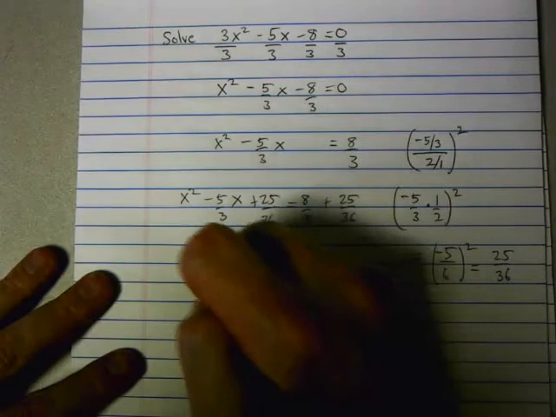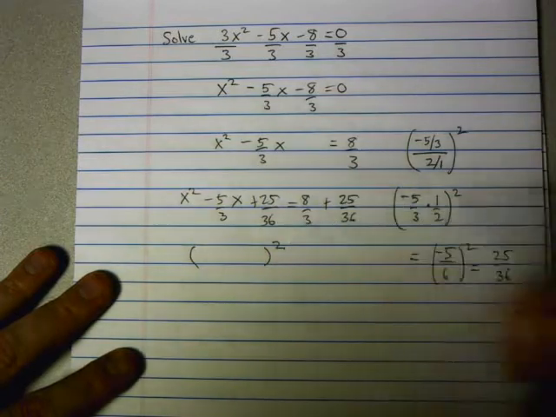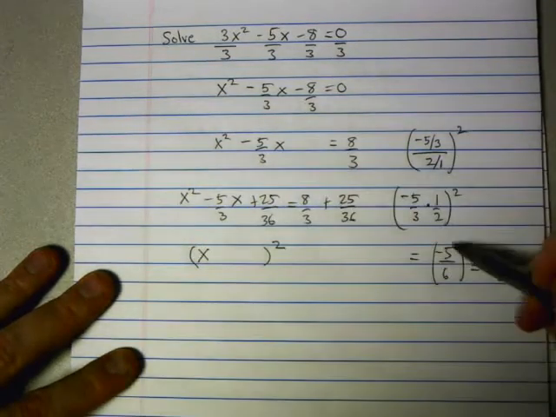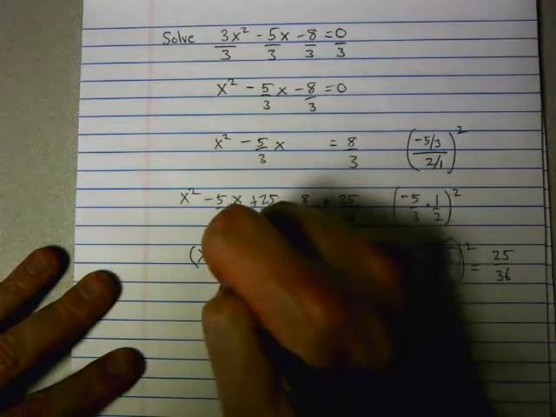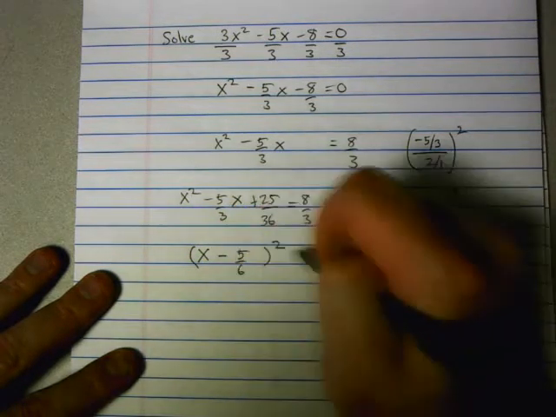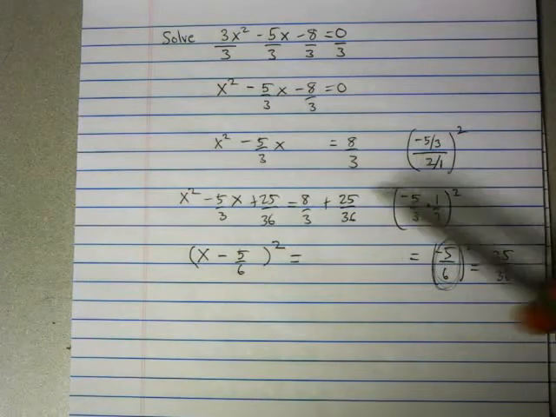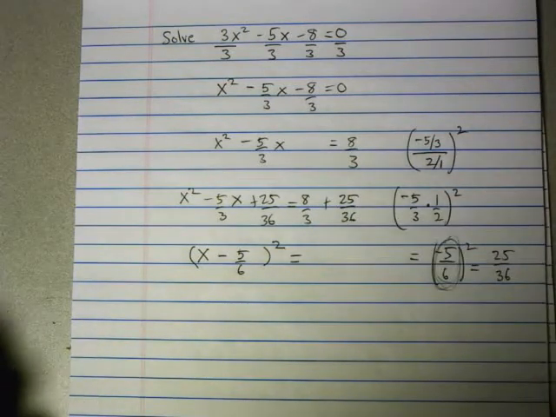Again, the left-hand side should now factor, and it's x, and then it's this number that's inside the brackets here right before we squared, so it's x minus 5/6 equals, over here, again, I want to add my fractions. I've got to get a common denominator.